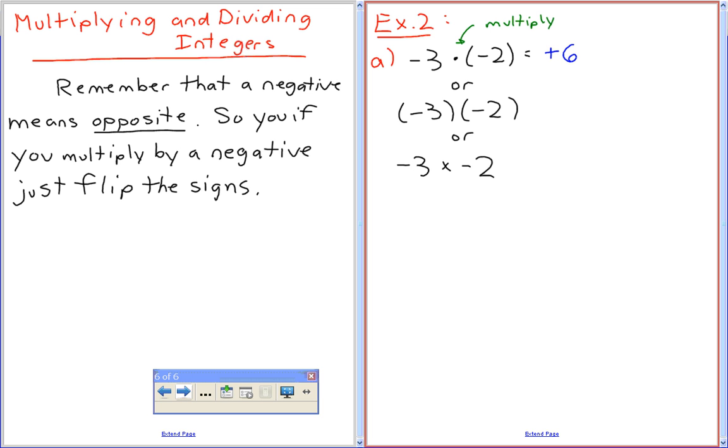It is going to be positive. The reason for that is, remember we said a negative flips the signs. So you start with a -2, then this negative is going to flip it to a positive. So the negative switches the signs to +6. We'll do lots of these today to get these down. Are we feeling somewhat okay with that concept?